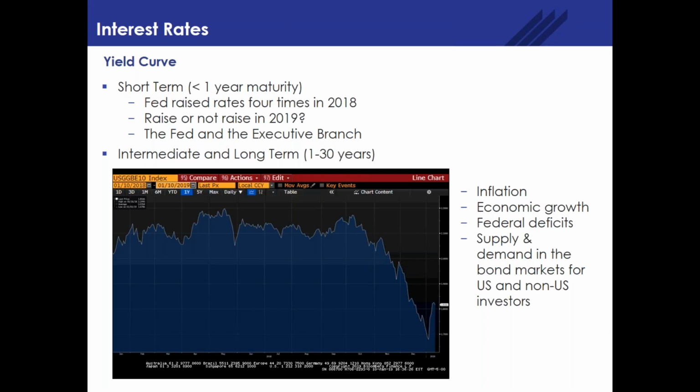And just looking at this graph, just focus on the right-hand side, and it's a little bit hard to see the numbers, but this graph is another way of measuring how much inflation investors expect, and it's actually known as the TIPS break-even point.